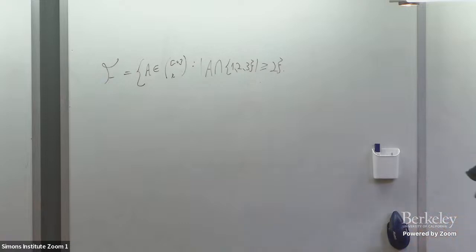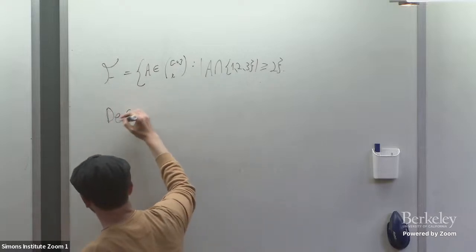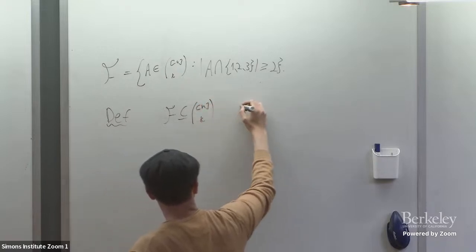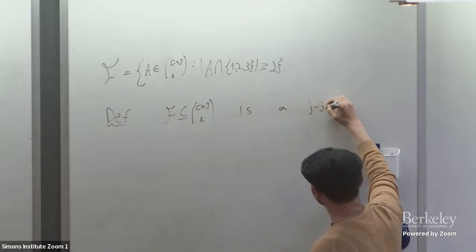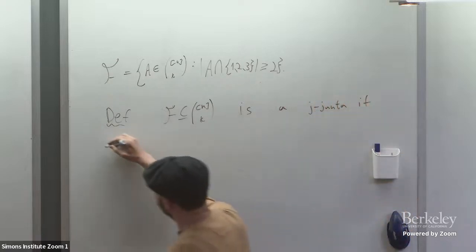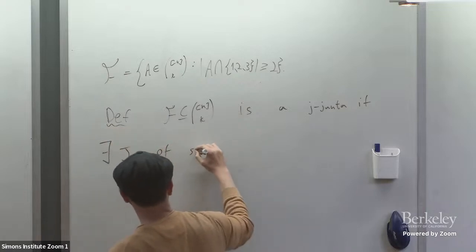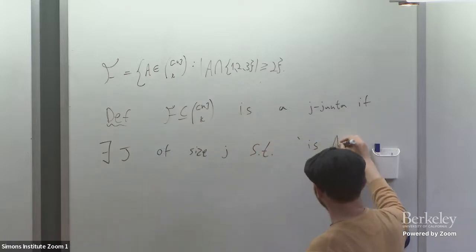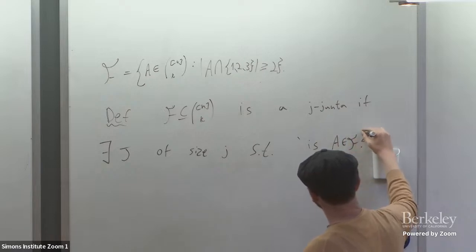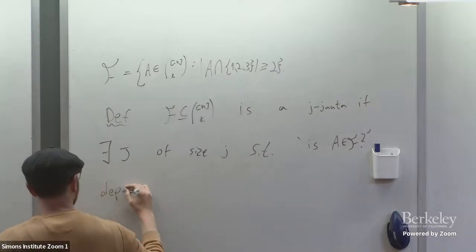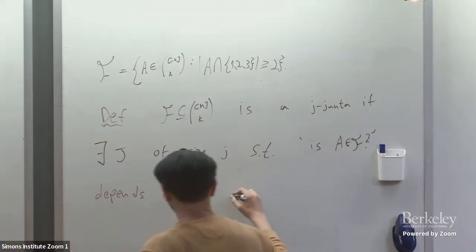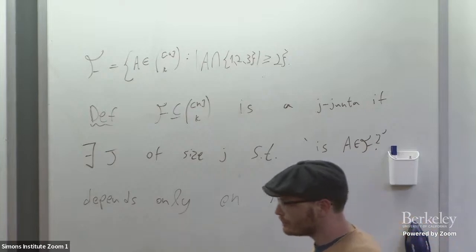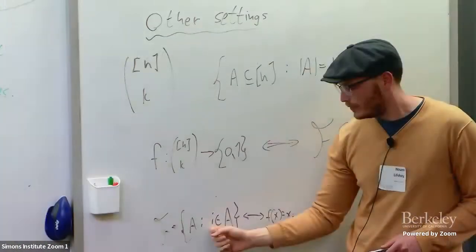And in general, the definition is that F is a J-Junta if there exists a set J of size J such that the question whether a set A belongs to F depends only on the intersection of A with J. So here we had the singleton of i.